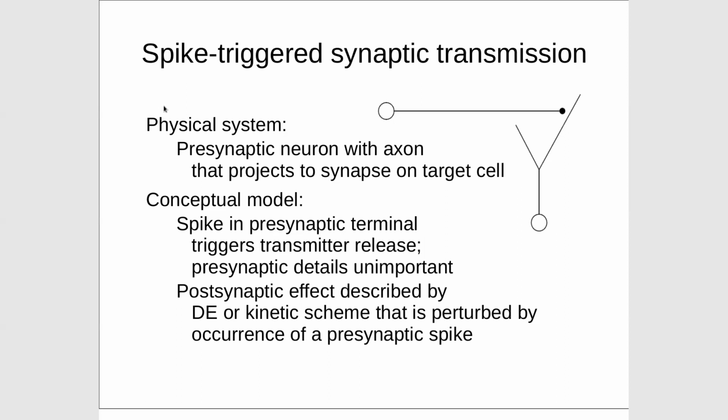Okay, so let's think about the physical system here. In a real network in which you have a presynaptic cell that projects an axon that synapses onto a postsynaptic cell, you've got this axon, and it can be quite long.